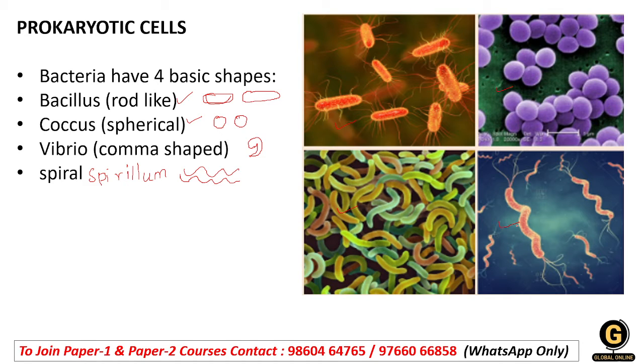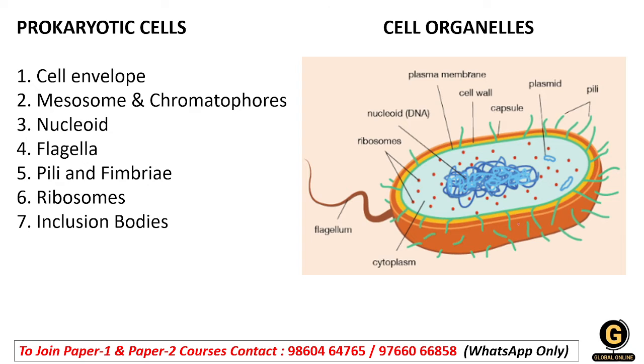Now we are going to see the prokaryotic cell and its organelles. It has the cell envelope, then the mesosome and chromatophores, then the nucleoid, flagella, pili and fimbriae, ribosomes, and inclusion body.